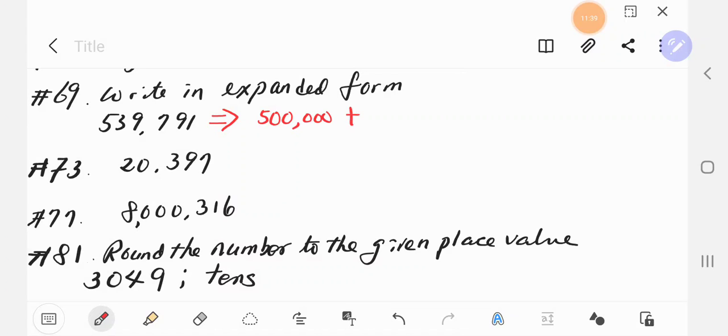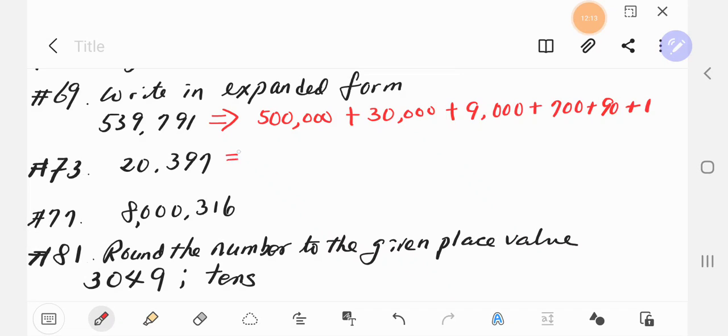Plus 3 is in the 10,000 place, so write 3 and put all the digits to the right with zeros. Plus 9, and then put other 3 digits with zeros, and then 700, so 700 plus 90 plus 1.